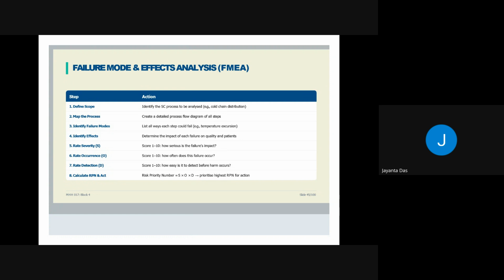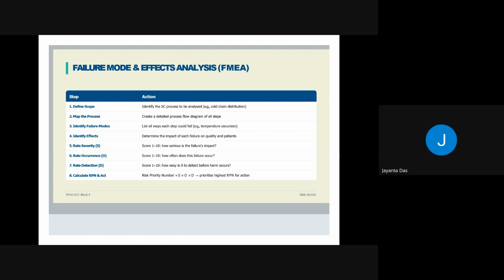And for severity, how serious is the failure impact; for occurrence, how often is this failure occurring; and for detection, how easy is it to detect before the harm occurs. So these are the scores we are giving, and we calculate the RPN by multiplying S, O, and D, which prioritizes the highest RPN for action.